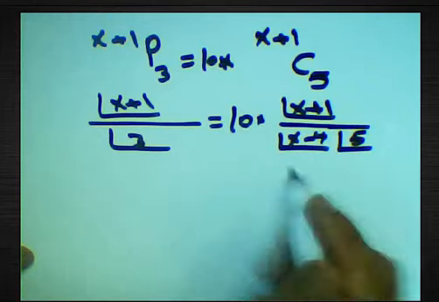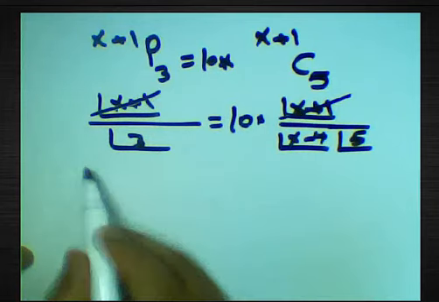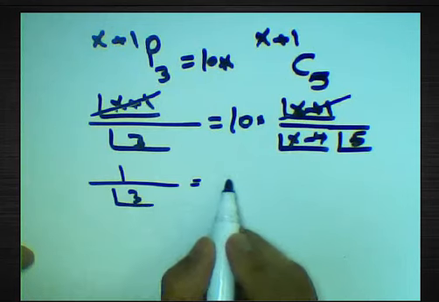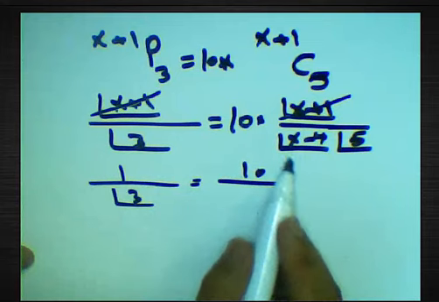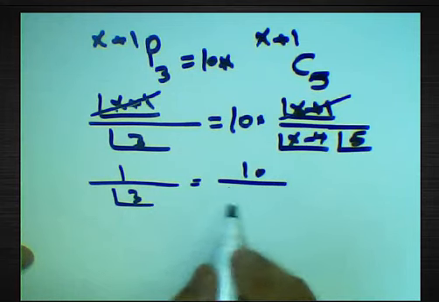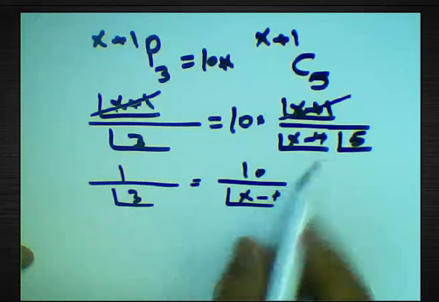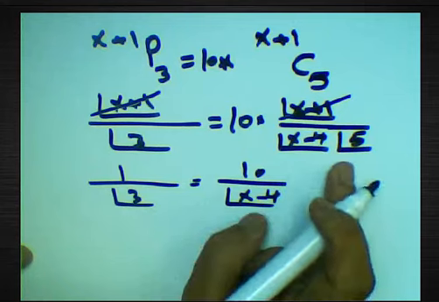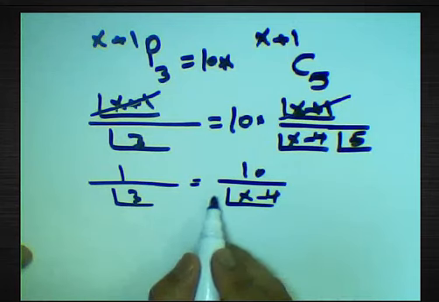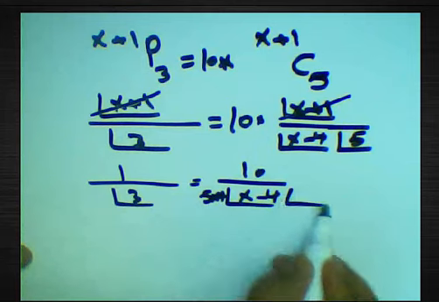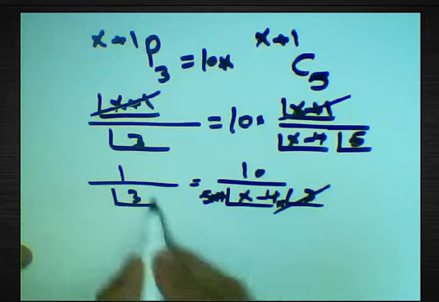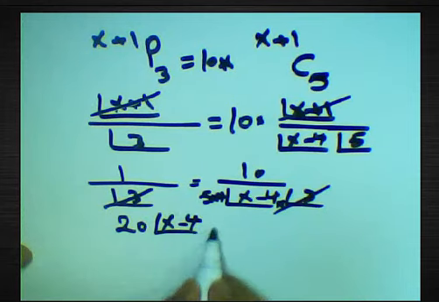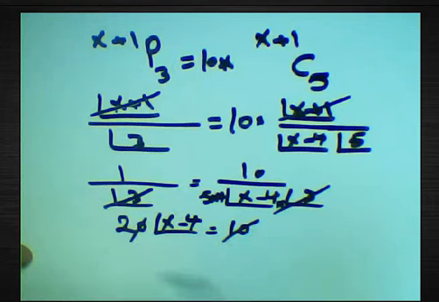and cancel factorial 3 by factorial 3, and write factorial 3 here, 10 in the top, multiplied by 1, factorial x minus 4 here, and we have factorial 5, meaning 5 multiplied by 4 multiplied by factorial 3. Cancel factorial 3 by factorial 3, and then 4 times 5 equals 20, multiplied by factorial x minus 4 equals 10.